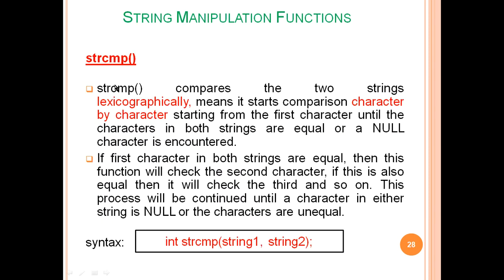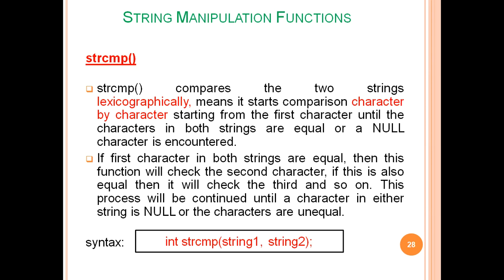Then strcmp, string compare, is a function which compares two strings lexicographically, meaning it compares character by character, starting from the first character until the characters in both strings are unequal or a null character is encountered. If the first characters in both strings are the same, it goes on to the second character, and if the second characters are also the same, it goes to the third character.